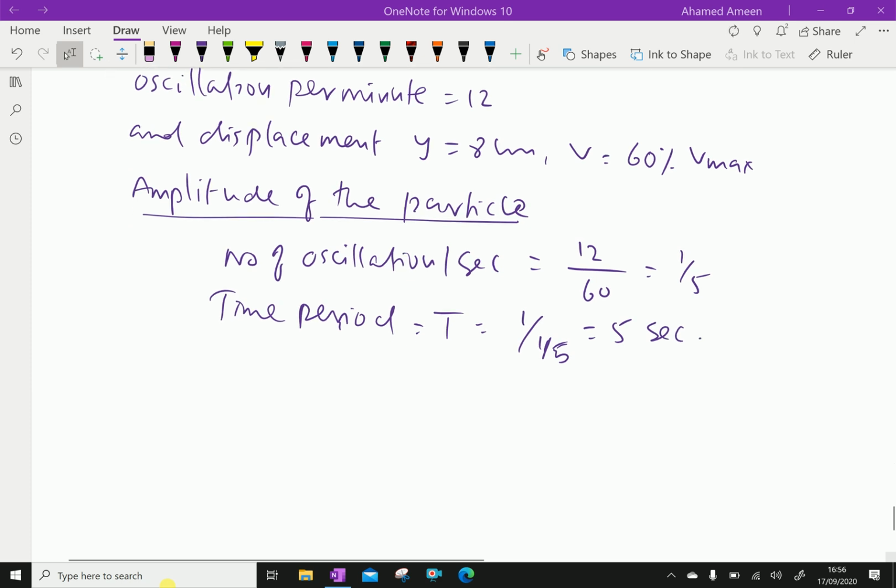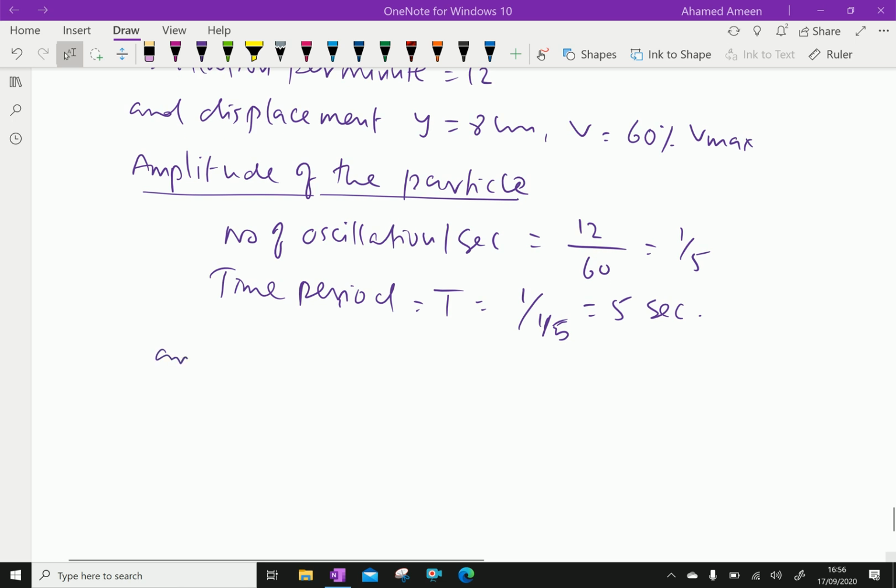Now, angular velocity omega equals 2 pi by T, which is 2 pi by 5.